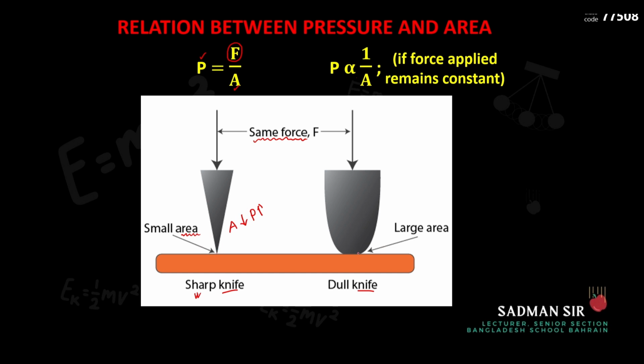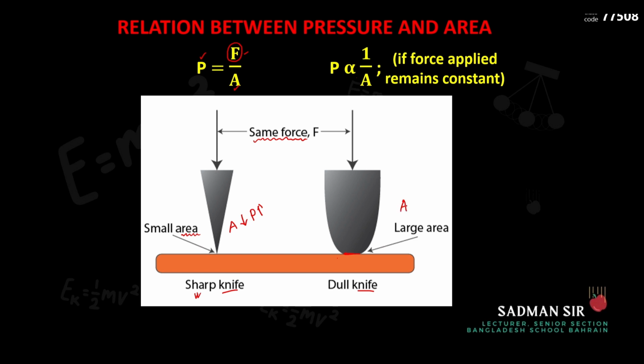Now let us discuss this dull knife. You can see a larger area in contact, at least greater than this small area. So what will happen? Whenever you apply the same force, the same pressure will not be generated here. Why? Even though you applied the same force, the area got bigger now.